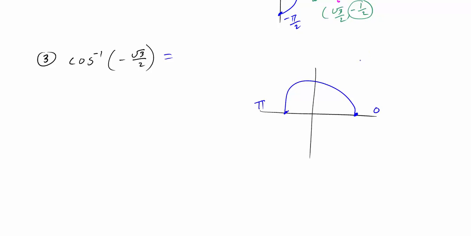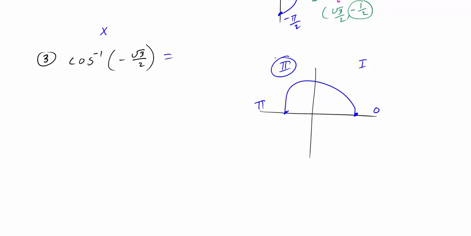So that means your answer has to be in the first quadrant or the second quadrant. Now we know that cosine is our x value, and if it's negative, we would have to be in the second quadrant. So where in the second quadrant do we have an x value of a negative square root of 3 over 2?